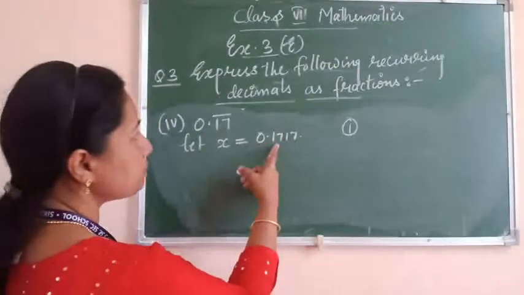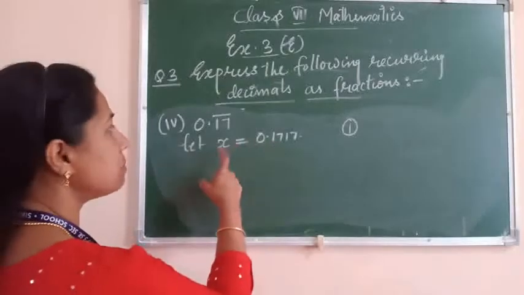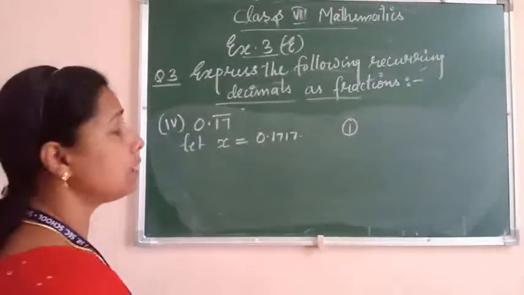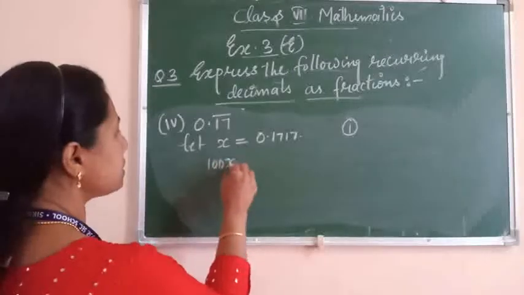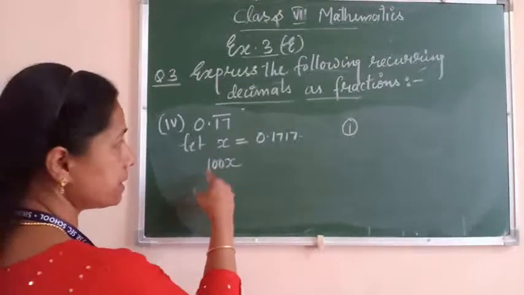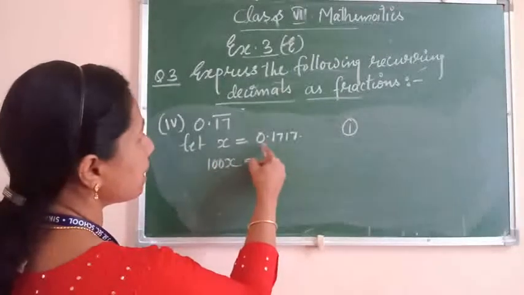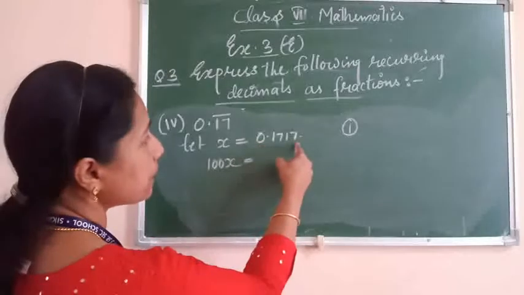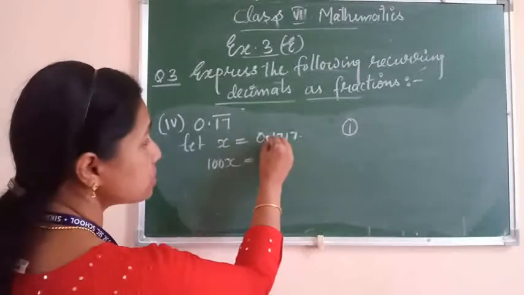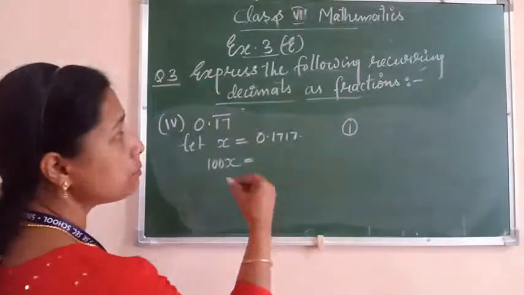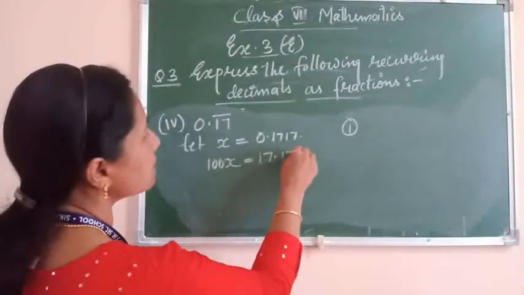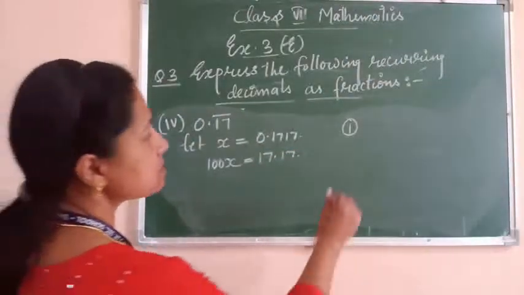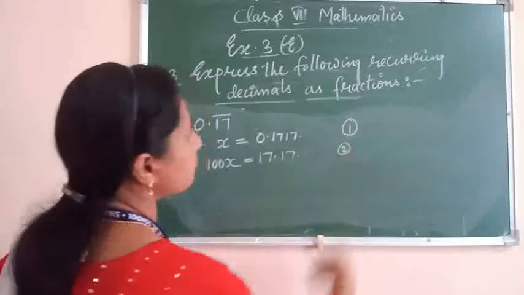Here two digits are repeating, that is why you have to multiply both sides of the equation by 100. Then the equation becomes 100x is equal to 17.17, as the point is shifted to the right side by 2 places. This is equation number 2.